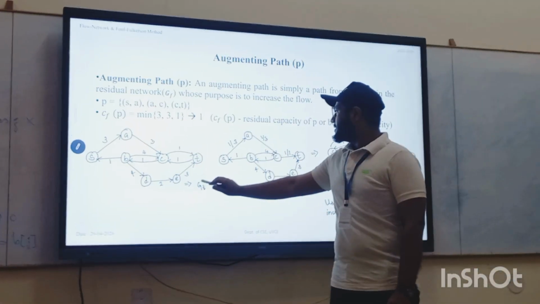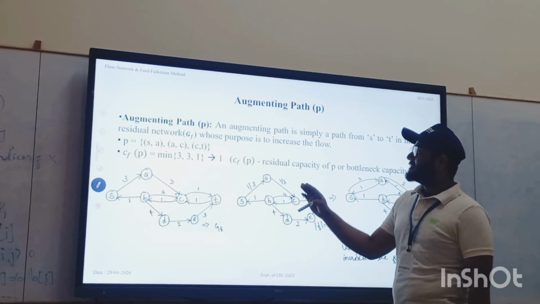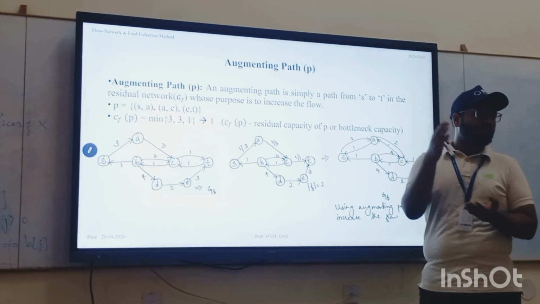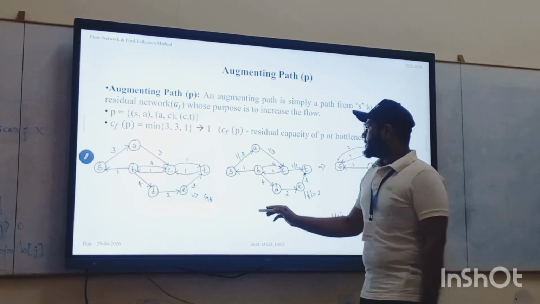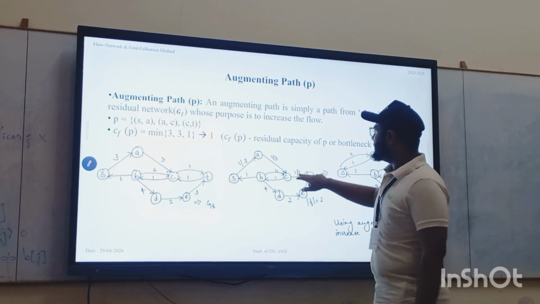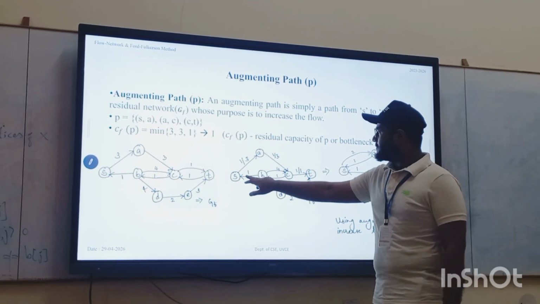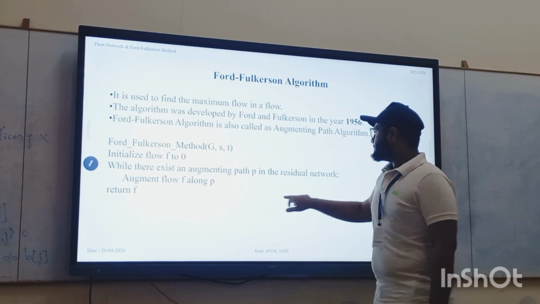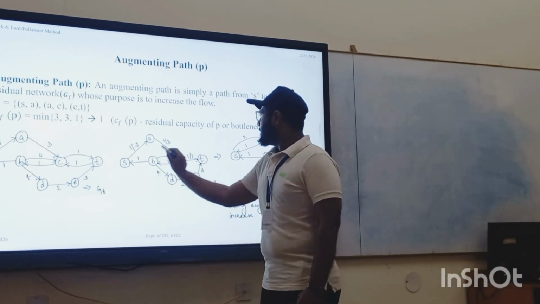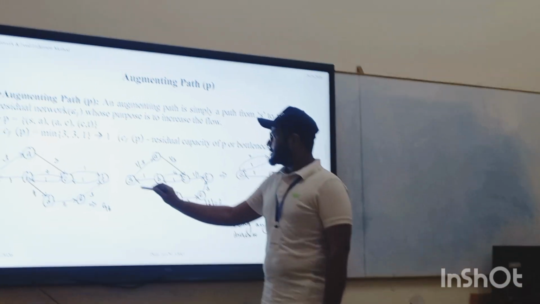This is the graph we learned for the residual network. From here we are checking if we have an augmenting path, that is, a path in such a way that we can increase the flow. First we saw that we considered this one. Then by using this residual network, we found this from S to B. This is what we did in the last one to get the residual network.